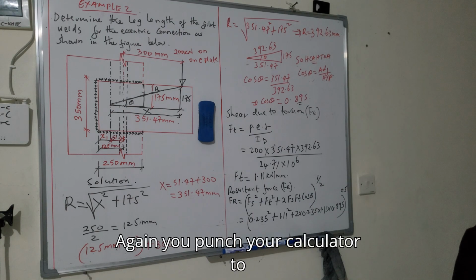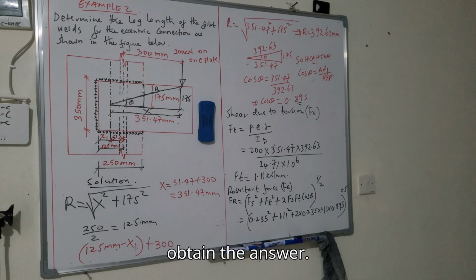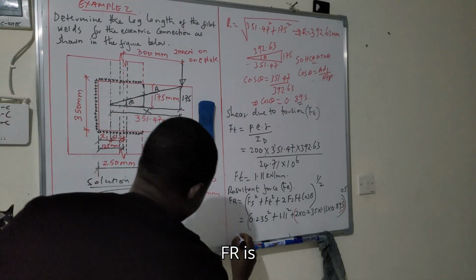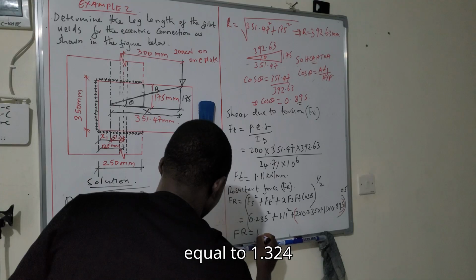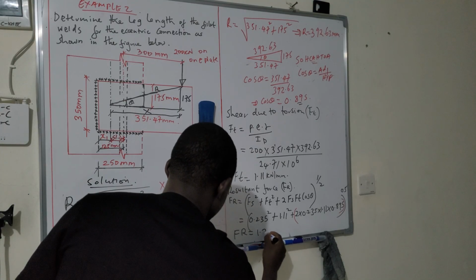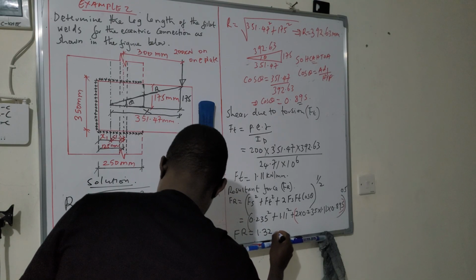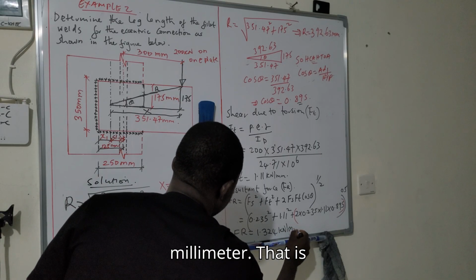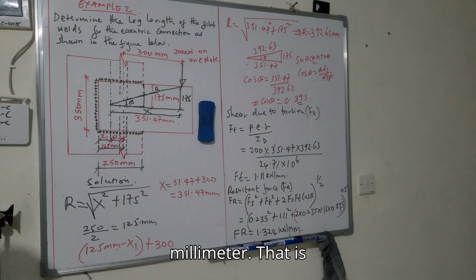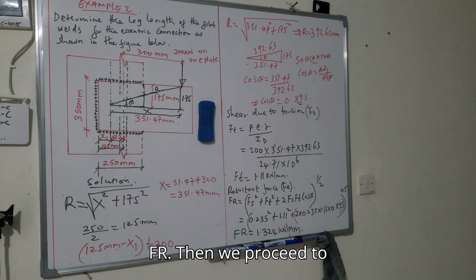Again, you punch your calculator to obtain the answer. So FR is equal to 1.324 kilonewton per millimeter. That is FR. Then we proceed to calculate the leg length of the fillet.